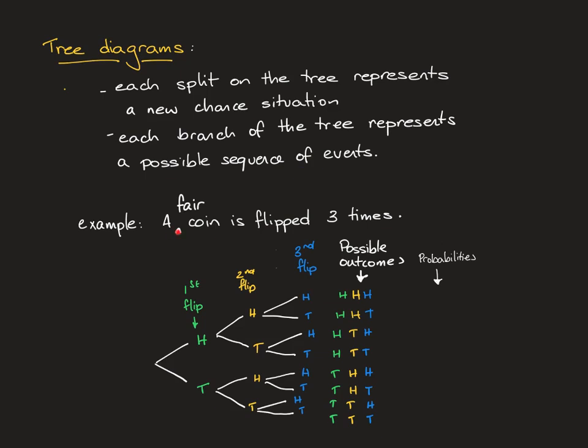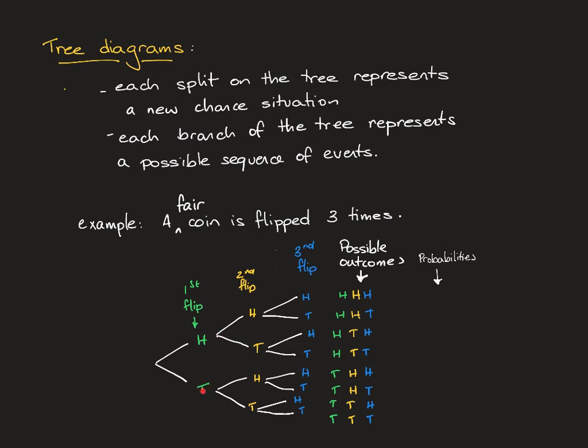So for example, we've got a fair coin that's flipped 3 times. On our first flip we have a chance situation, so it splits and it can be either heads or tails. And then whether it's heads or whether it's tails, we then do our second flip. If it's heads on the first flip, the next chance situation is that on the second flip it'll be heads or it will be tails.